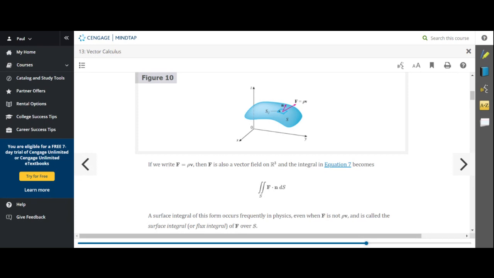The component of the force that gets applied to the flow rate is the part that comes out in the direction of the normal vector. Okay, and if we take the dot product of the normal vector with rho times the velocity vector, that's just going to give us the component of the vector field that moves in the direction of the normal vector.